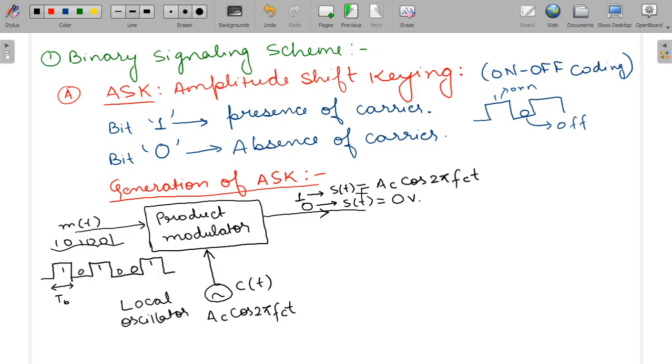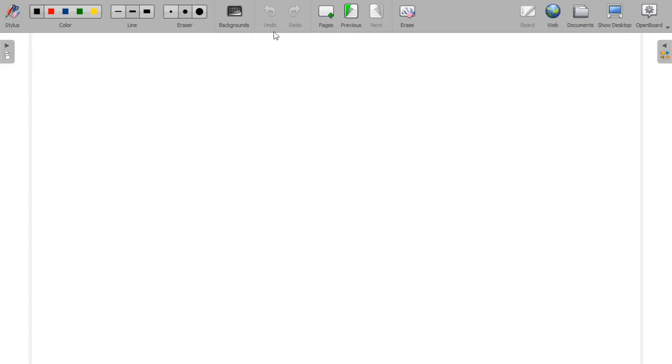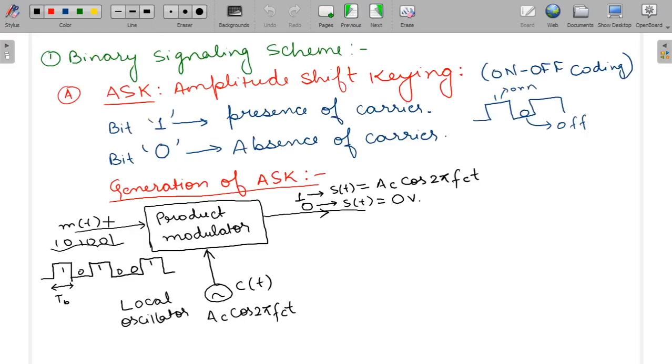Now we will study about the demodulation of ASK. Before that, I will draw a diagram of the message signal and what happens at the output end after multiplying with the carrier signal. This product modulator multiplies the message signal with the carrier signal.